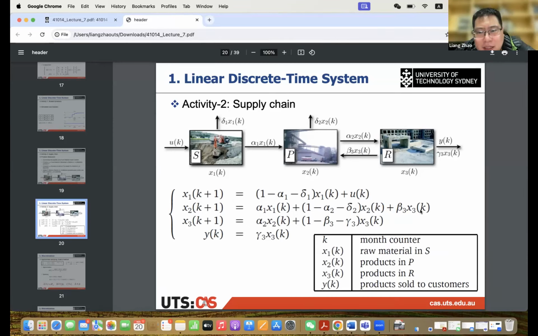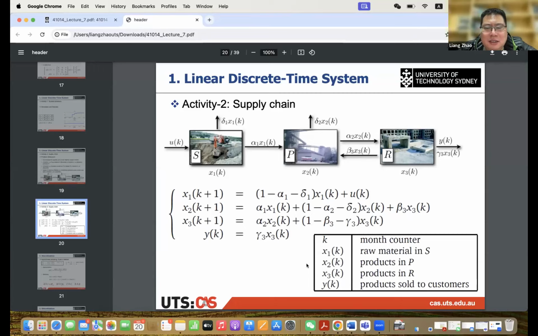Okay. And how's the C matrix formed? C is something like this. So C is kind of like, what is your output? So currently the output is something on the very right, right? Yeah. That is gamma 3 times x3. So in this case, your state is still x1, x2, and x3, right?